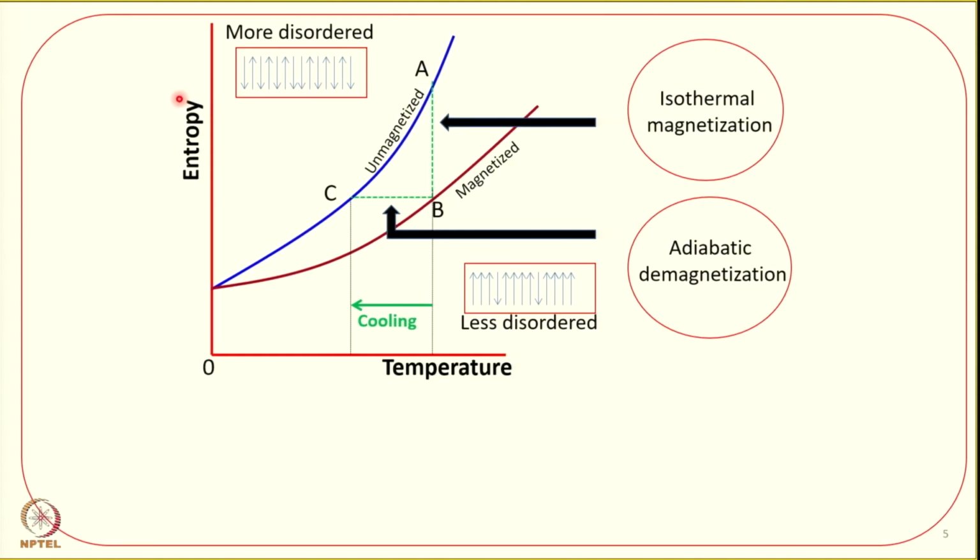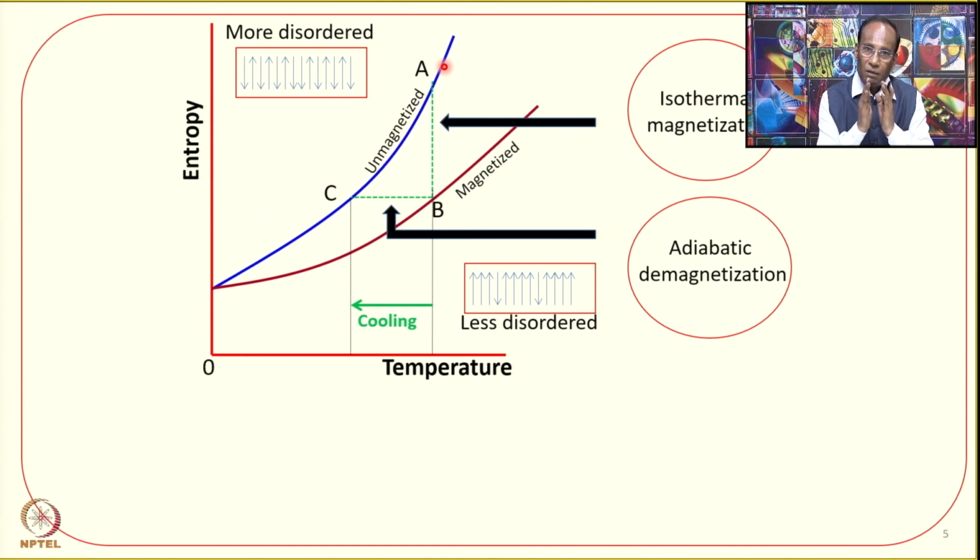This is a plot of entropy versus temperature. At temperatures above zero, in general, the entropy increases with rise in temperature. So consider the conditions where the sample is not subjected to any magnetization and has lots of unpaired electrons, unmagnetized; let's call it the more disordered state.